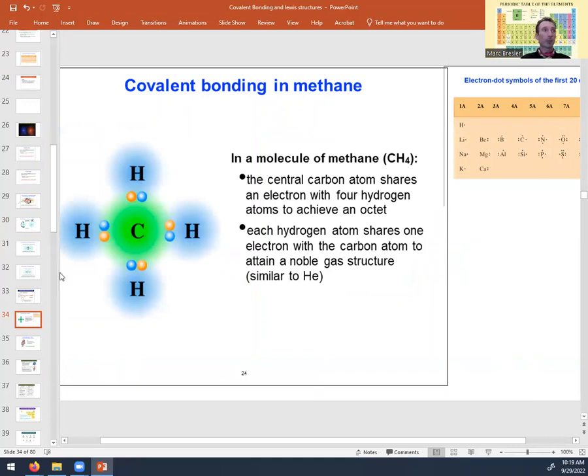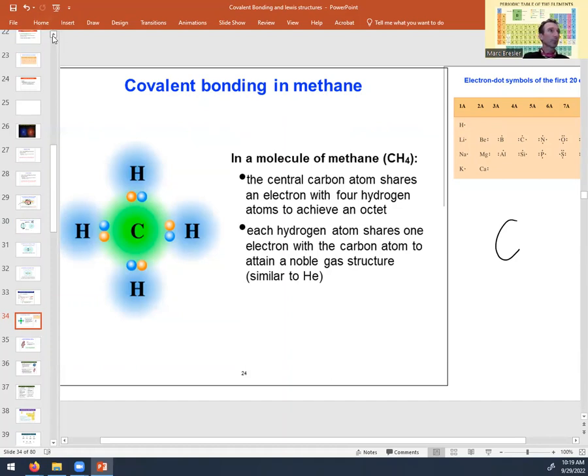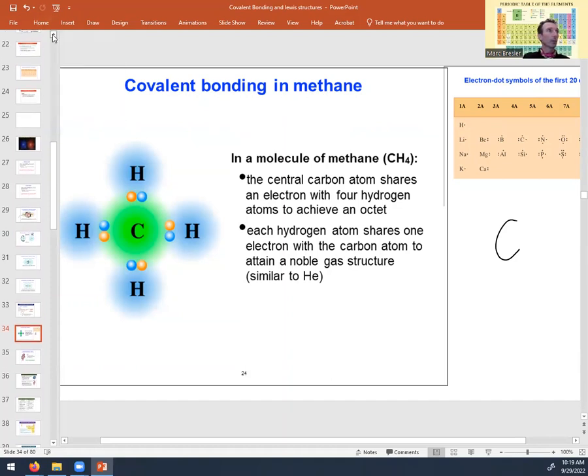You can think about this in terms of methane too. Carbon has 4 valence electrons.